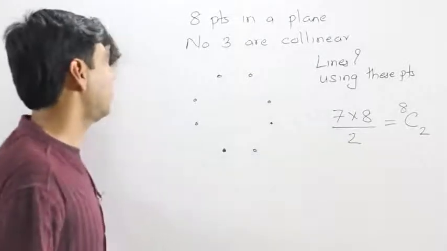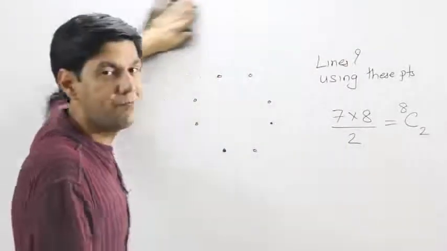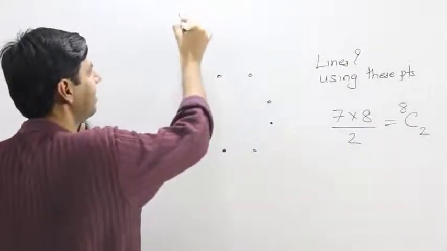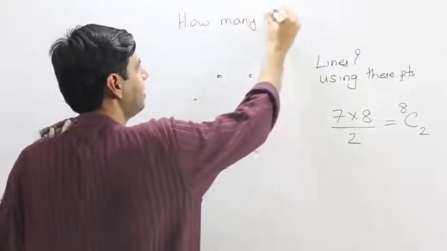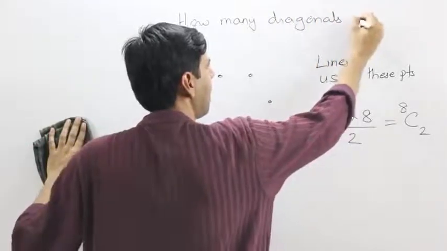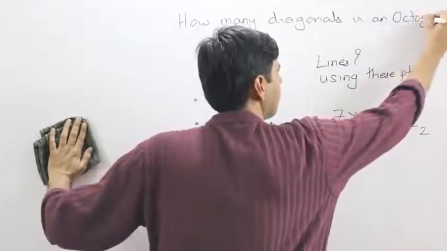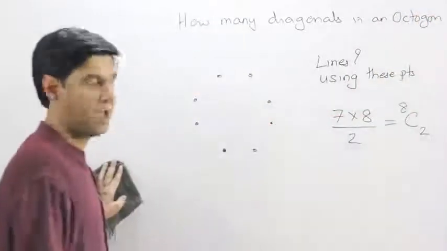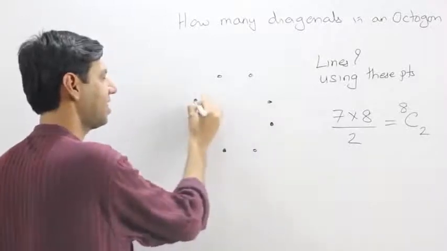Okay, let us continue this question and change it to, how many diagonals in an octagon? So we were anyways dealing with an octagon, and diagonals are nothing but lines.